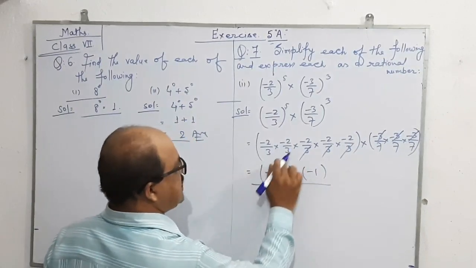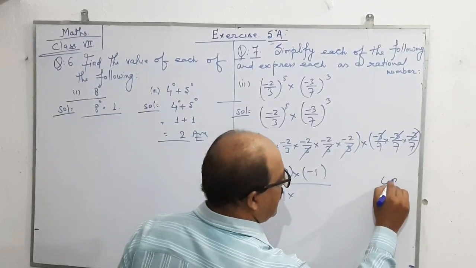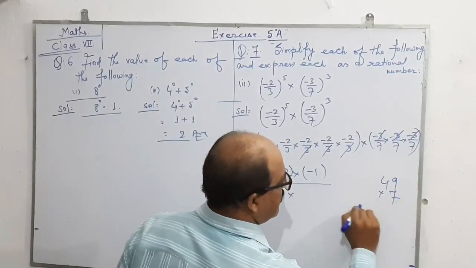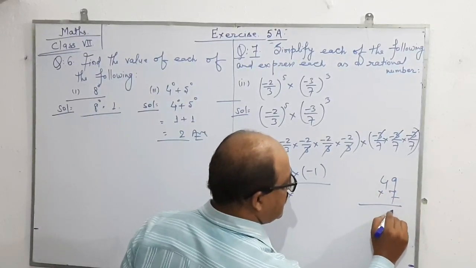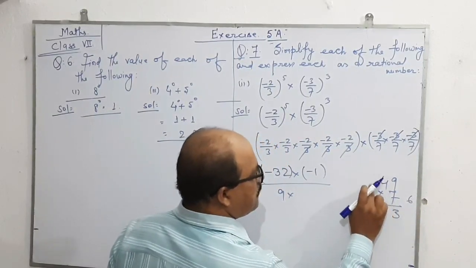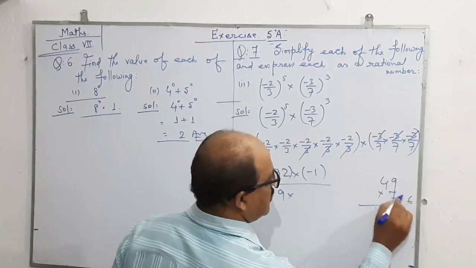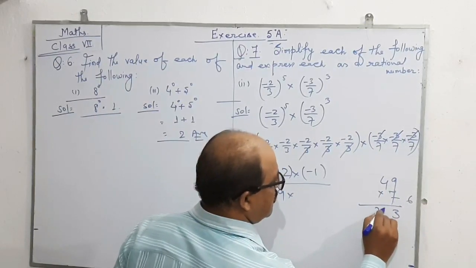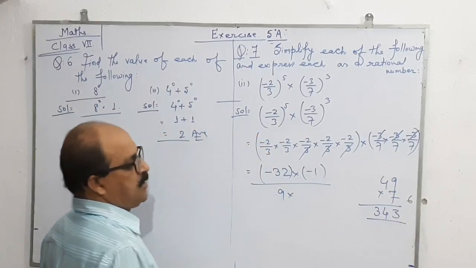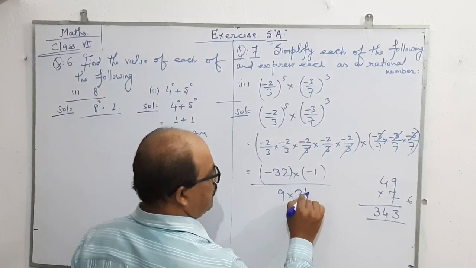And here 3 threes are 9, 9 into 7 is 63, 63 into 7, 7 threes are 21, 7 sixes are 42 plus 2, 44, sorry, 343.